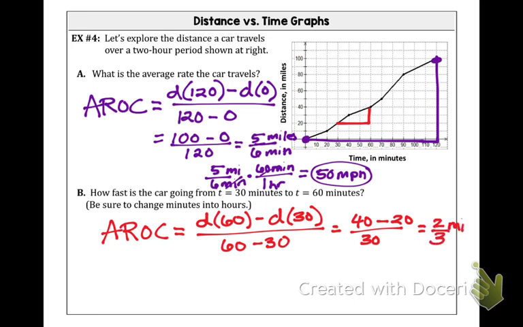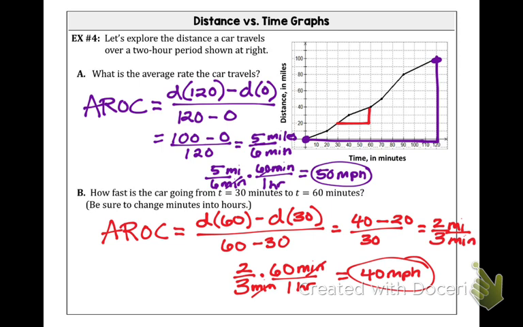And again, that's miles per minute. So multiplying that by 60, so 2/3 times 60 will cancel out our minutes and leave us with an hour. And that gets us to 40 miles per hour. So we averaged 40 miles per hour from 30 minutes to 60 minutes.